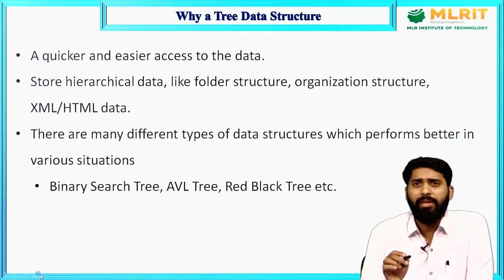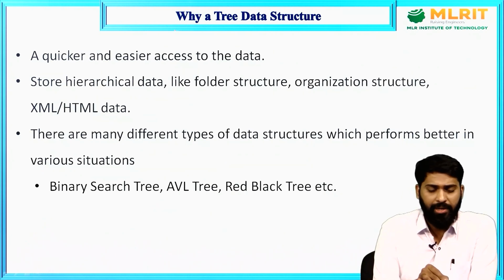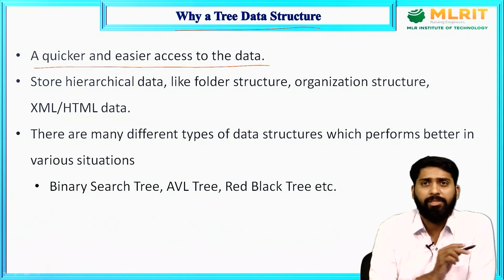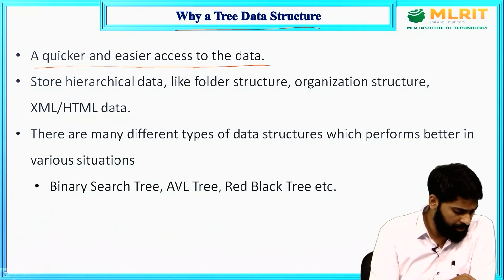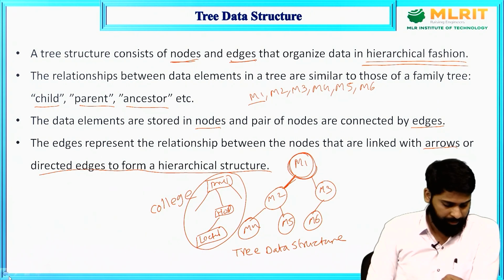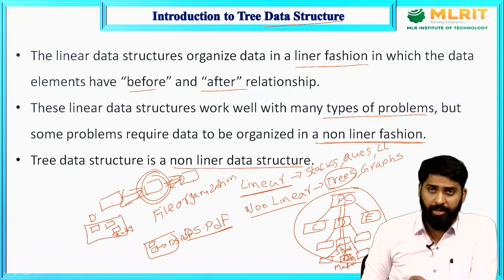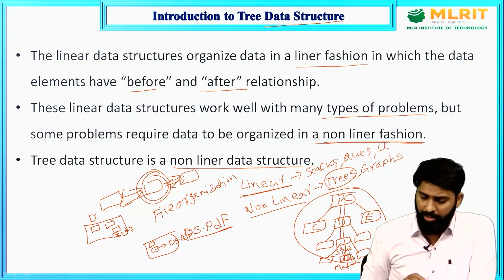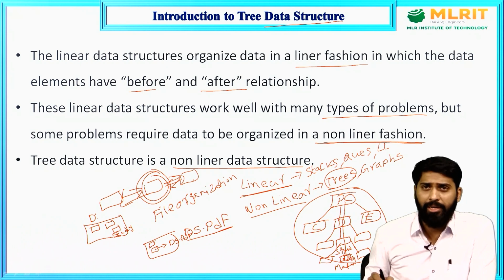So, why do we need tree data structures? A quicker and easier access to the data. For example, in our previous example, this is the ds.pdf. Now if we use a linear data structure to find the ds.pdf, we search the C drive, then we move to the D drive, then we find ds.pdf.